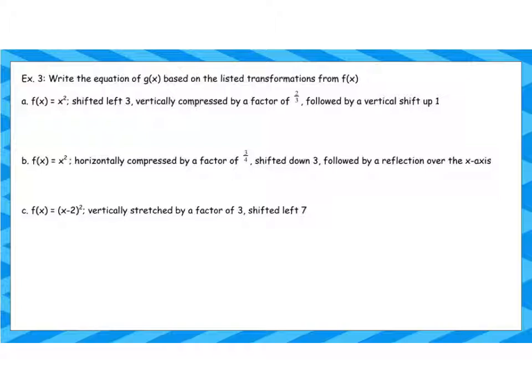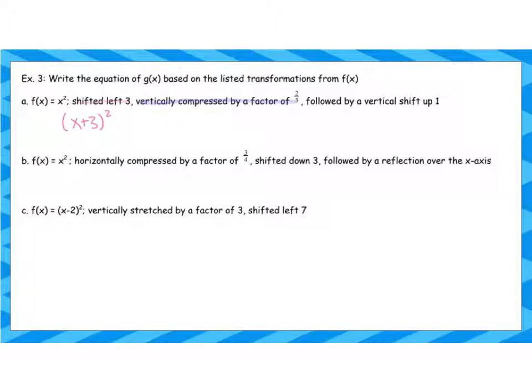So to write the first part, shifting left 3. Well, in order to show that this graph is being shifted left 3, what I'm going to do is take that x and do plus 3 inside the parentheses. Then the next part, it wants me to vertically compress by a factor of 2/3.